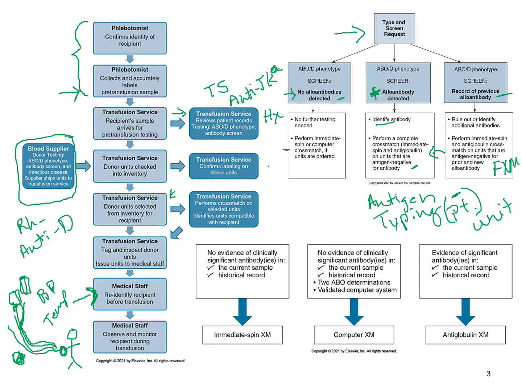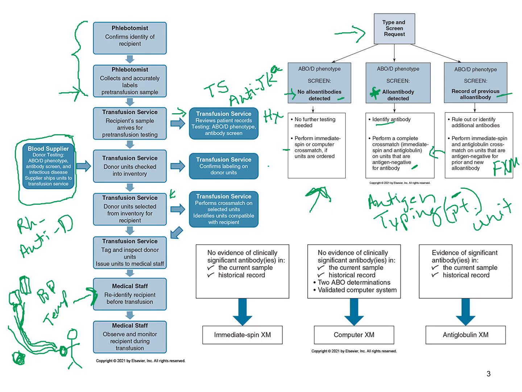Now, determining which particular cross-match you're going to do, it's going to partly be dependent on the facility as to whether or not you do a computer cross-match, because some facilities do this now. But basically, you're going to make this determination based off of everything that you have done in your pre-transfusion testing.